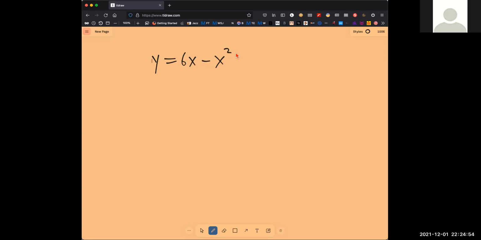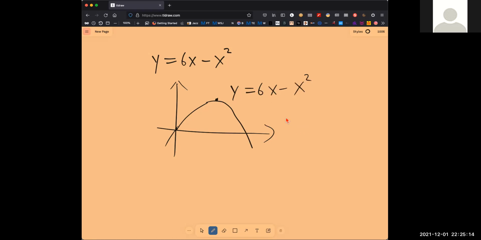They have already sketched it for you. Then they call this the origin O. They call this point P. Then they call this point Q.